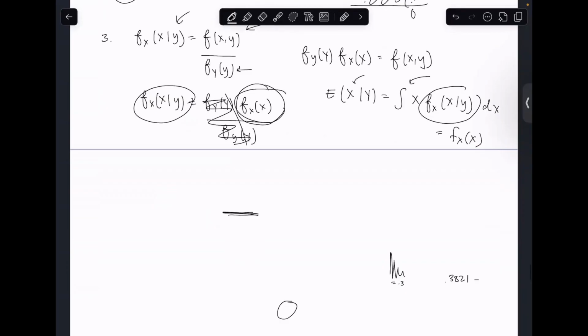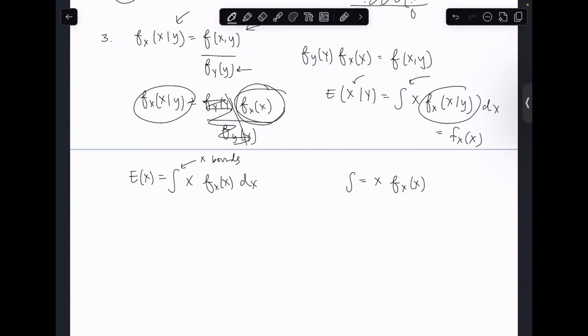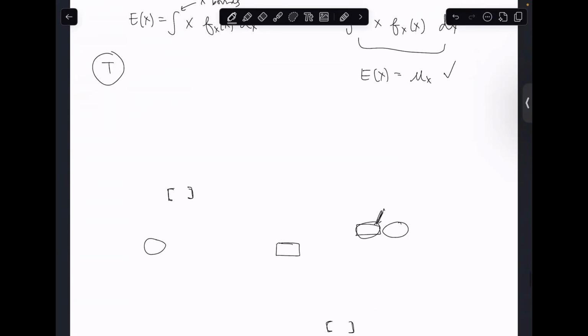Then we can confidently say, oh no, here's some work from stuff before, whoops. Then we can confidently say that this is equal to x times this. And if we remember, E of x is just equal generally, these are going to be my bounds for x, of x times my marginal density function for x, integrating across that. And that's exactly what I have here. So that means this is equal to this. And we know that this is equal to mu x. And so yes, looks like this is true.